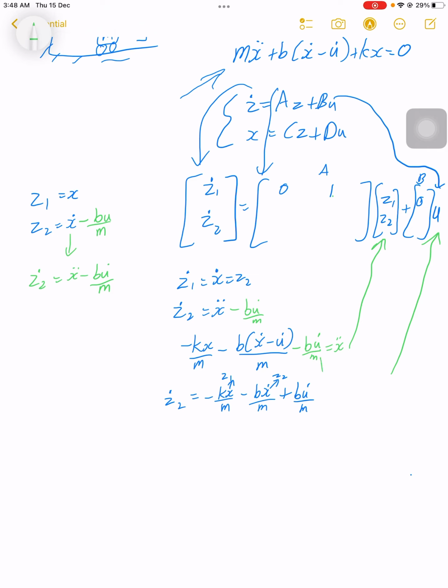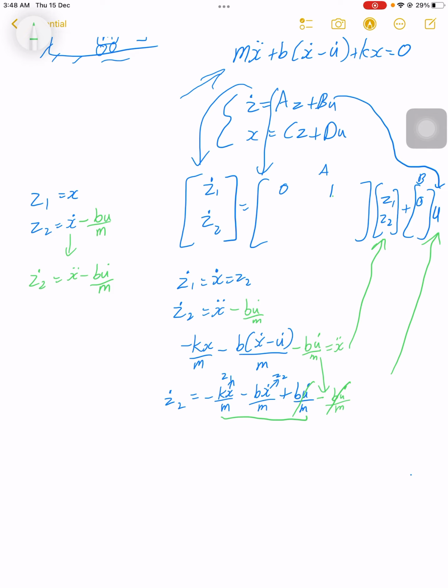Okay, so we have this here as well. All of this was from the equation above, and now we have this extra term that we got because we changed our state space variable z2. Now we see that this cancels out, so we don't have to worry about u dot anymore because it's gone.